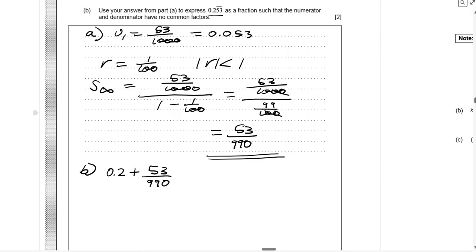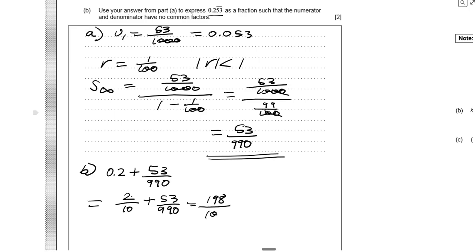And all we have to do is understand that that's 2 over 10, plus 53 over 990, and 10 times 99. So 2 times 99, that's 198 over 990 plus 53, right?